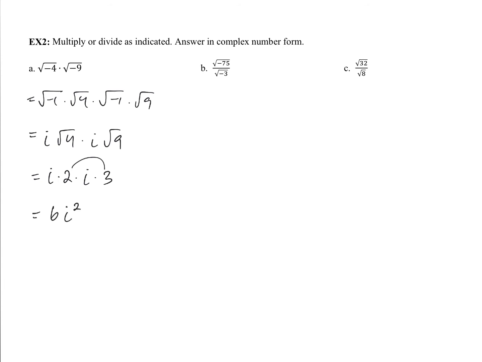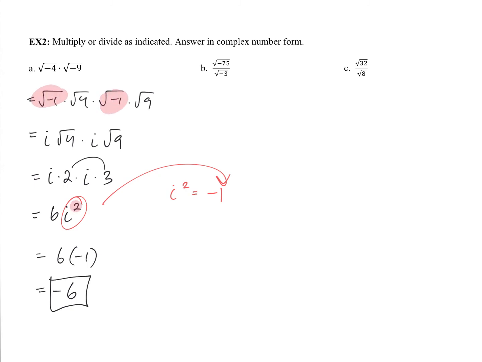Now, do you recall what i squared equals? i squared equals negative 1. So sub this out and simplify it to negative 1. So this will be 6 times negative 1, which is negative 6. Kind of interesting, a little odd, but remember, first things first, simplify out that negative, and whenever you see an i squared, replace that with the negative 1.